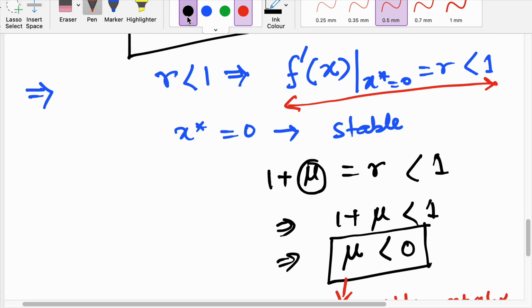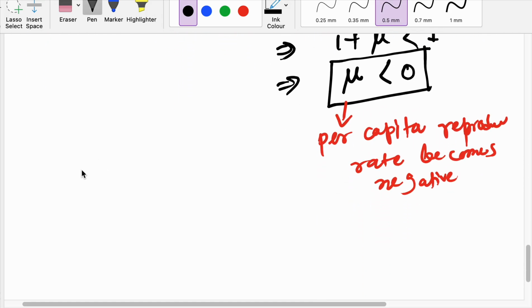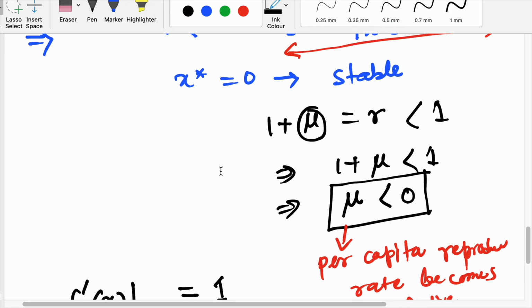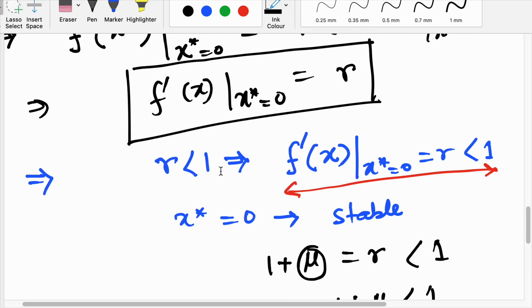Now the point comes: if I increase r, if somehow I give them enough resources, then r becomes increasing. Suppose r becomes 1. When r becomes 1, mu becomes 0.